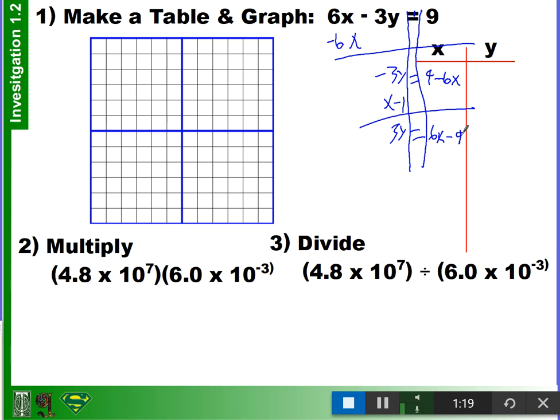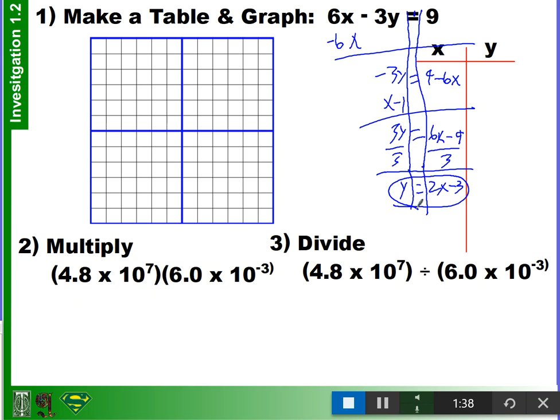And then for the magical part, we divide by 3, giving you an answer of y is equal to 2x minus 3. So if that's your equation here, then you would have to put that on the graph.